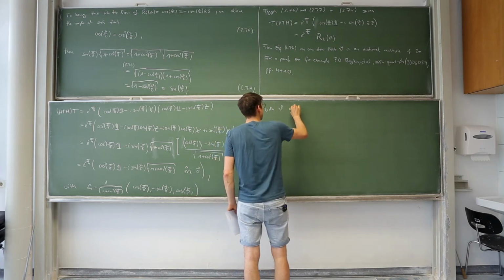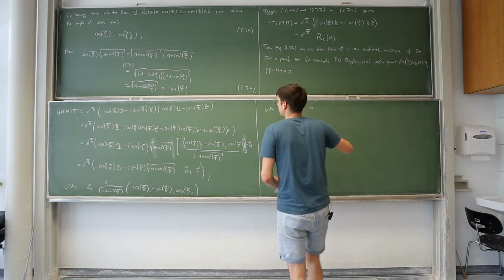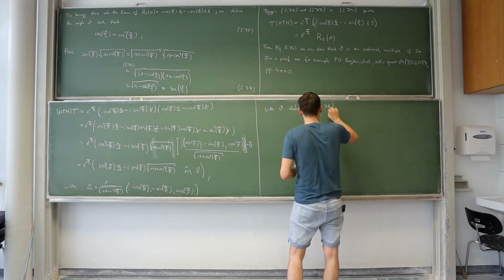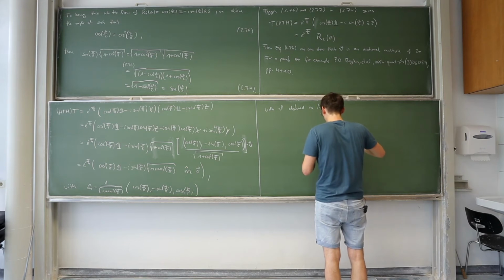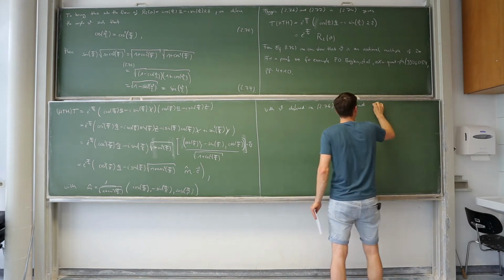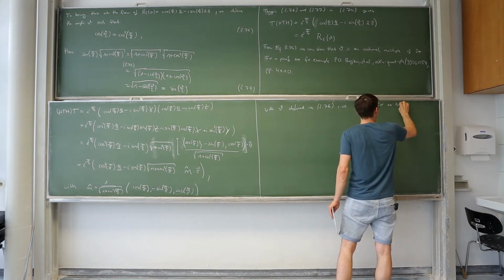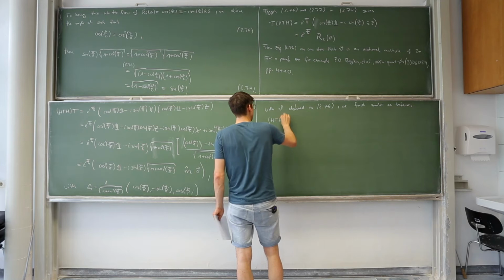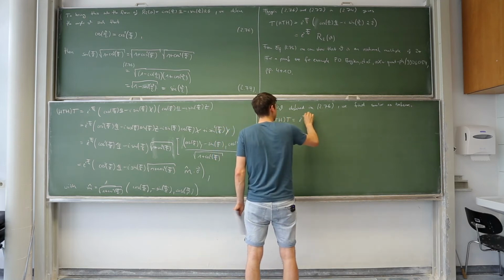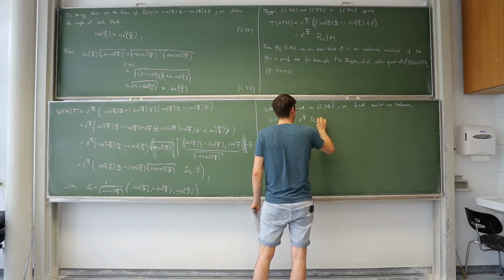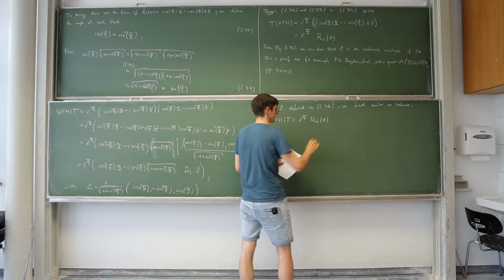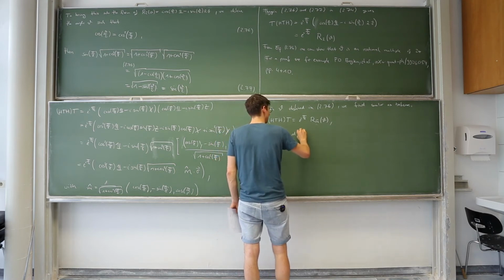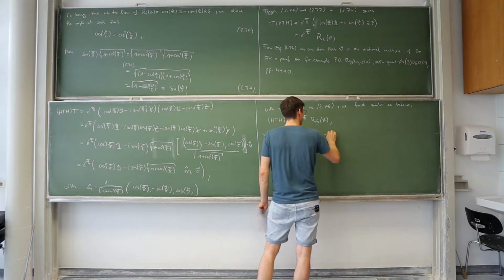So with the theta defined in 2.76, we find, similar as before, that HTH times T is equal to e to the I pi over 4, and then a rotation by the angle theta about m. With m and n being non-parallel.